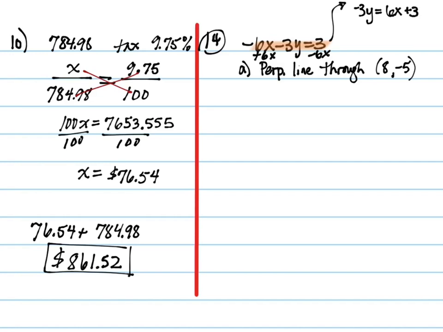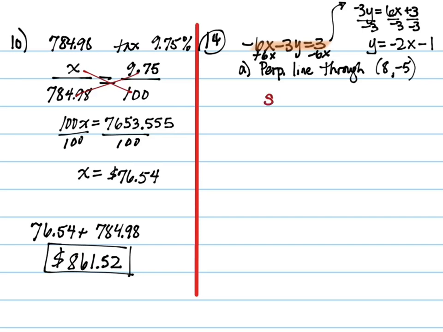And then what would you do? Yeah, you divide by negative 3, and I'll just write it as division on all the pieces. So this would be y equals negative 2x minus 1. So what is the slope for my line here?